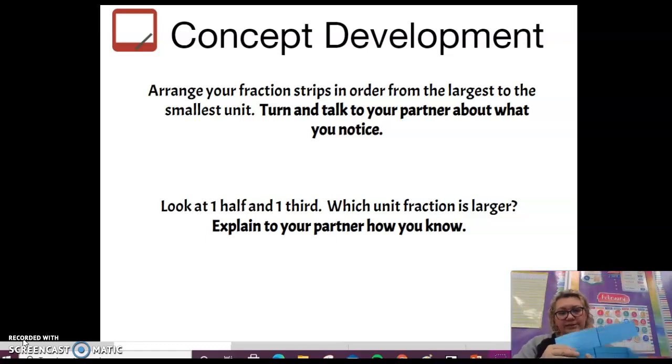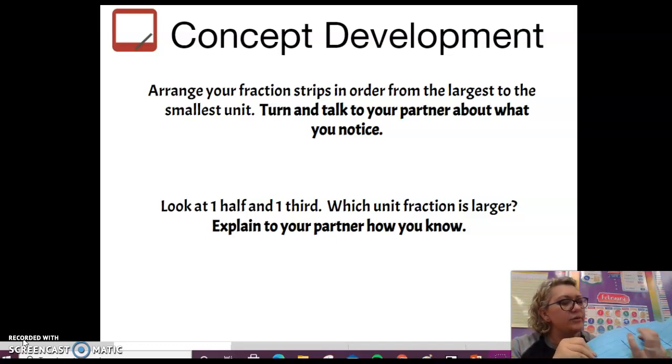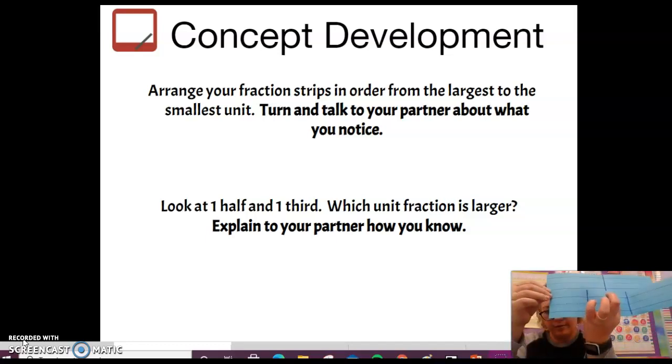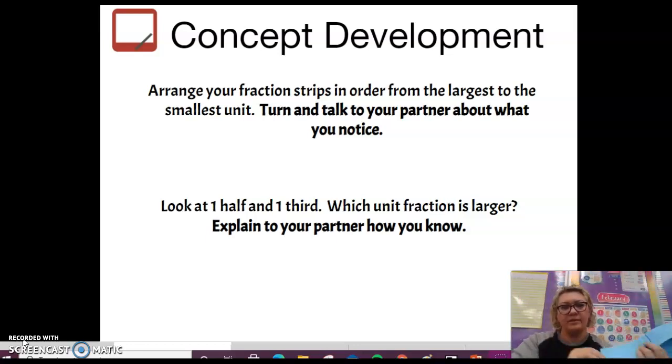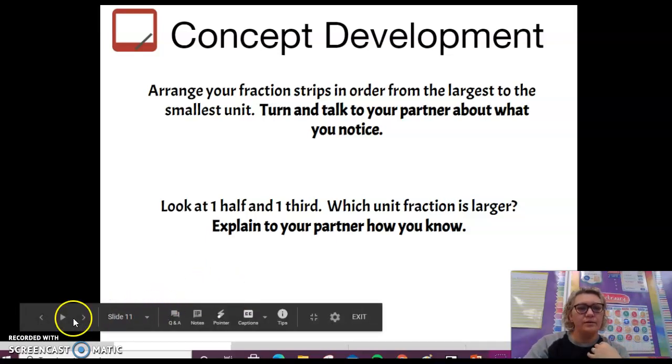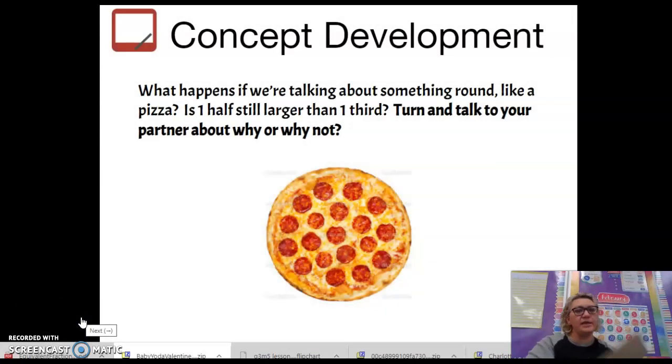If you were sharing this cookie, you would get this big piece from here to here. If you were sharing this cookie, you would only get this piece. So Cookie Monster always wants the bigger one, right? So let's look at it like this. Okay. So if we're looking at it, the half is on top, and it's that much bigger than 1/3. So let's look at other fractions. Okay, what happens if we're talking about something round like a pizza? Is 1/2 still larger than 1/3?